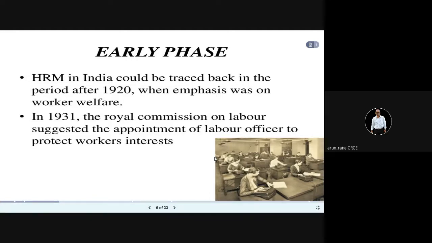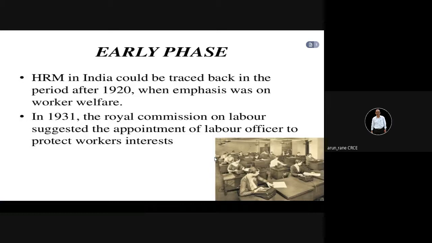Labor officer, big companies like Bombay Dyeing, Muscat Dock, you will find a labor officer. Those are quite old companies, companies which have their footprints right from the 50s or 60s, where you will see the position of labor officer.